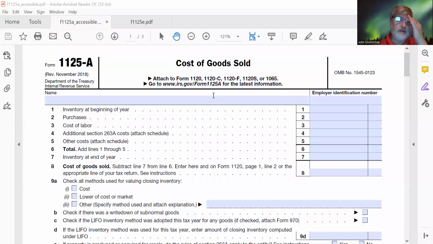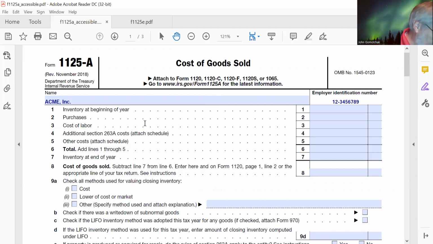Okay, 1125A, cost of goods sold. Put your taxpayer in here. All right. So now we just have to plug in the numbers. This is actually a very simple process.